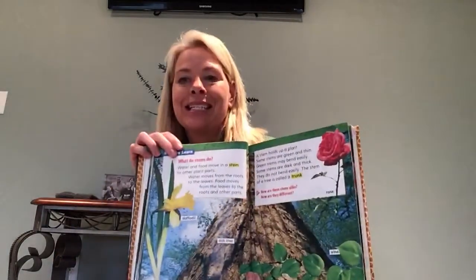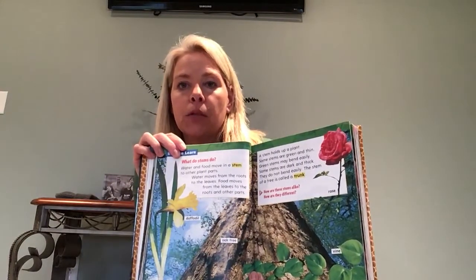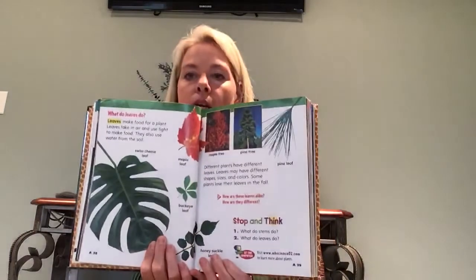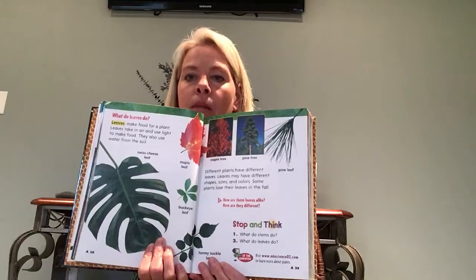You're going to read about stems and leaves. So if you turn the page a couple times, you'll see the page about stems and leaves. So you're going to read that carefully. And then this is the page that shows you the different kinds of leaves that you're going to see on a plant. All right, so that's what your homework is going to be today.